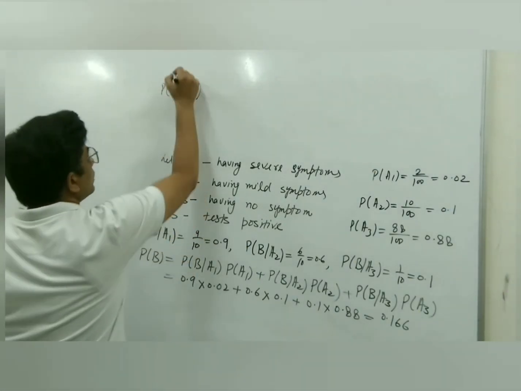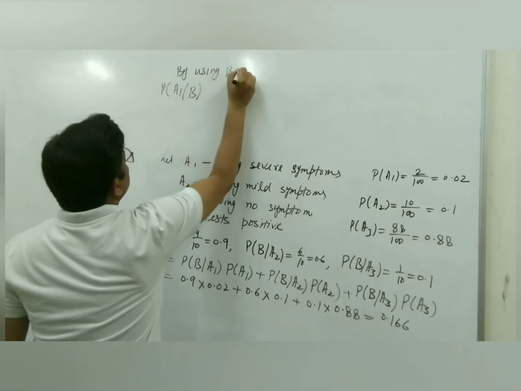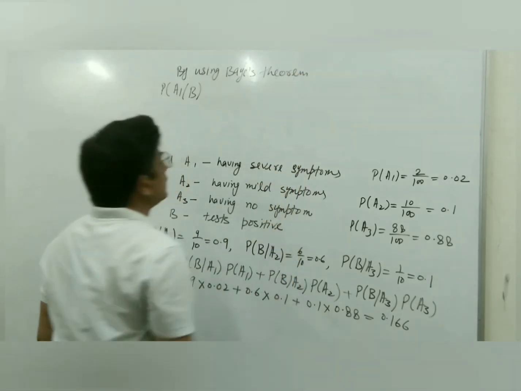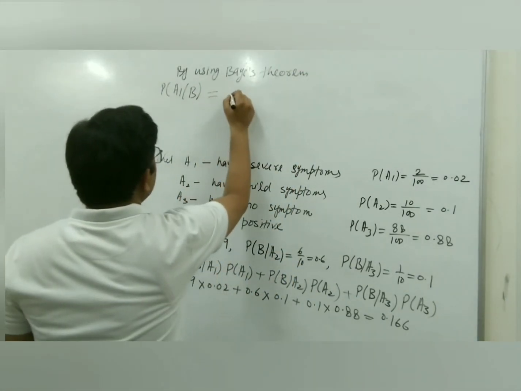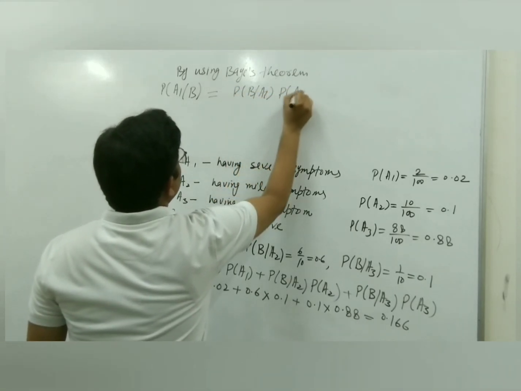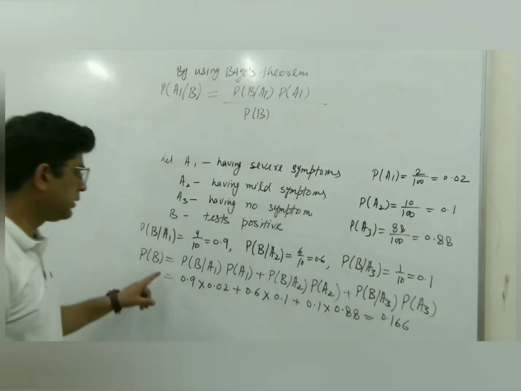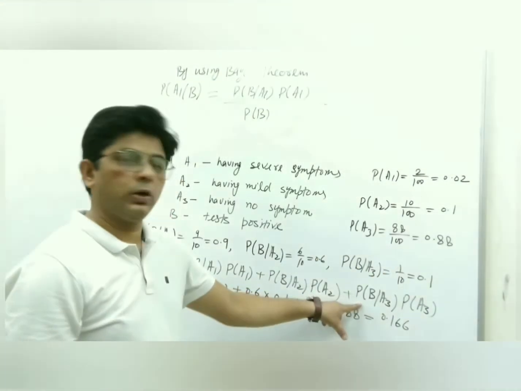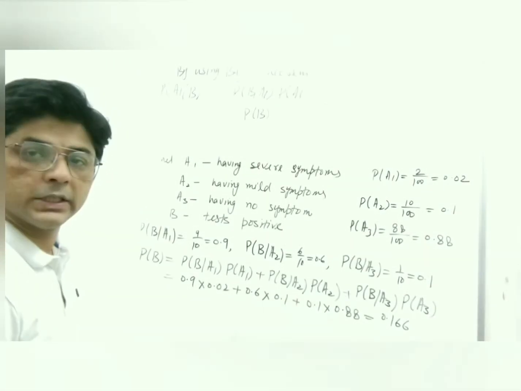So by using Bayes theorem, we can write P(A1/B) is equal to P(B/A1) into P(A1) upon P(B), where P(B) is P(B/A1) into P(A1) plus P(B/A2) into P(A2) plus P(B/A3) into P(A3), and we calculated this as 0.166.